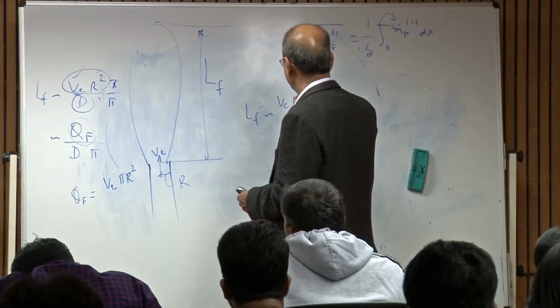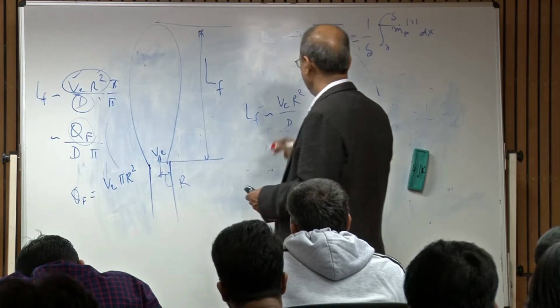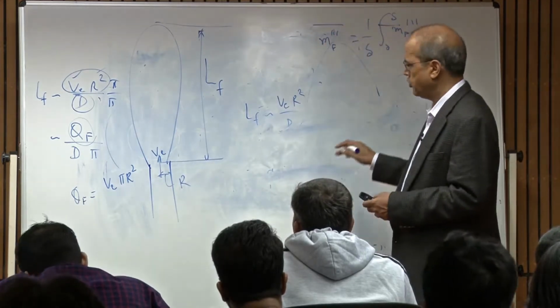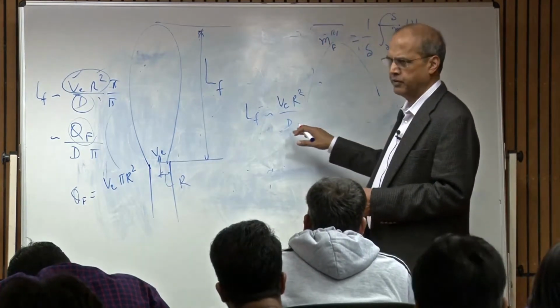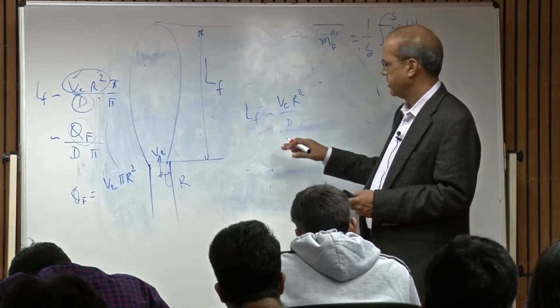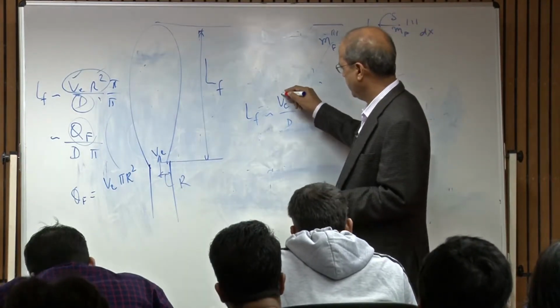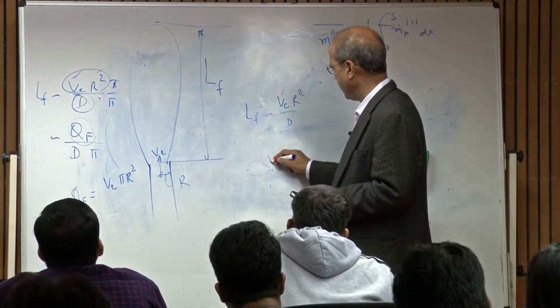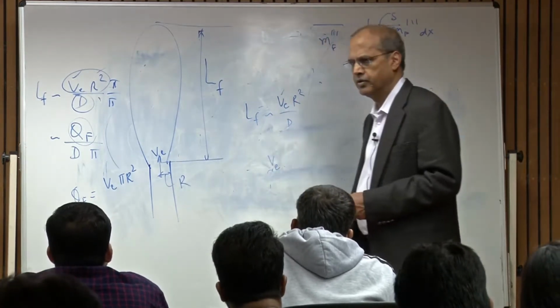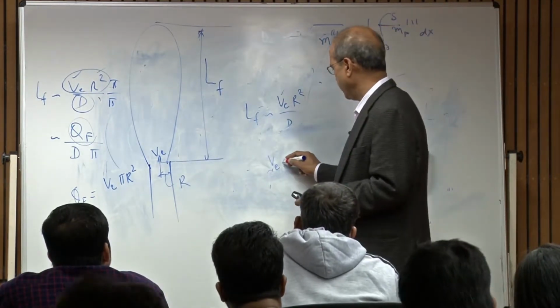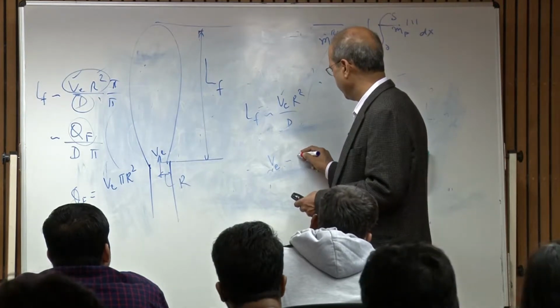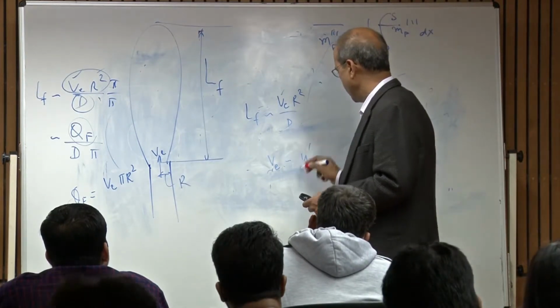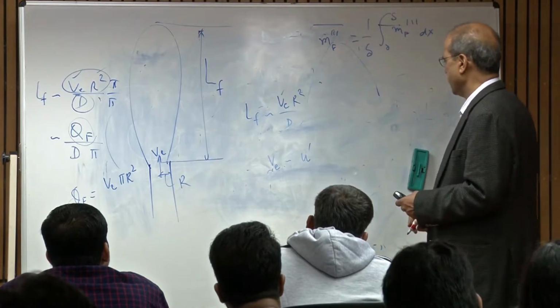Now, this result, LF being proportional to V R squared over D, has been shown to be valid for turbulent flames as well. But for turbulent flames, we have to recognize what the length scale and the velocity scale are. The velocity scale is the fluctuation, some RMS value of the turbulence velocity.